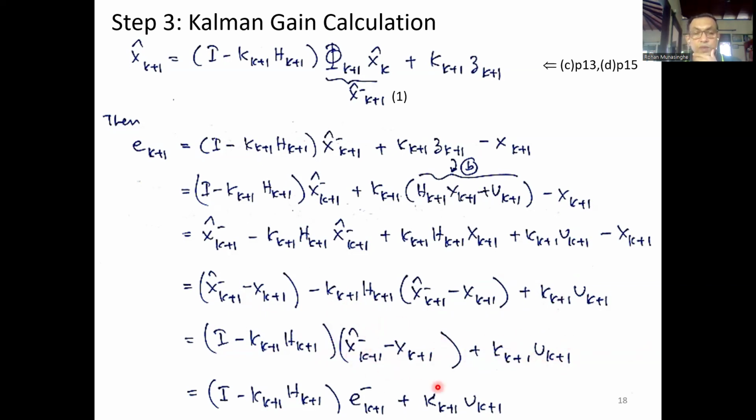Now, what is in the bracket here? x hat minus k plus 1 minus x k plus 1. This is the Kalman filter predicted state minus actual state. So this is also an error, but it is the predicted error. That is why we put a minus. Okay, so on the left-hand side is the corrected error. Now see how we get the predicted error and we correct it. This is the correction equation for error.